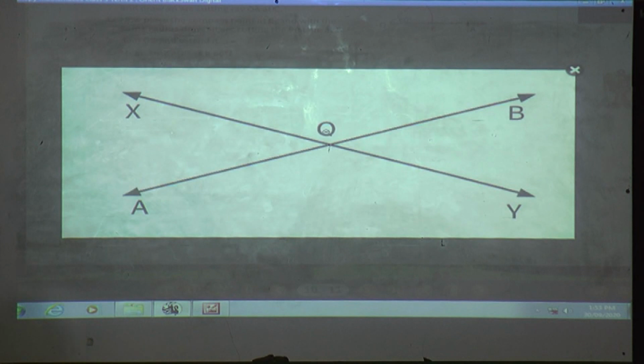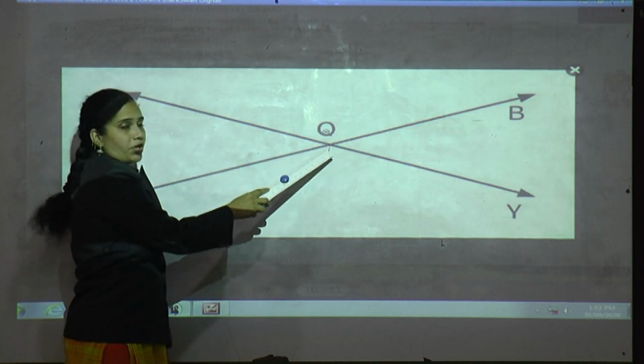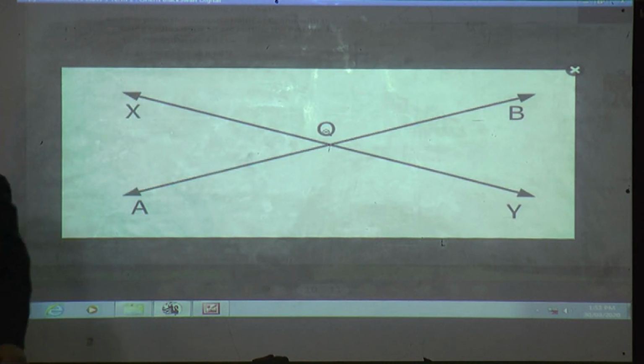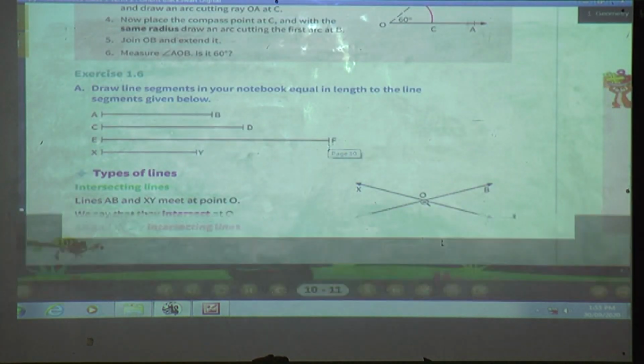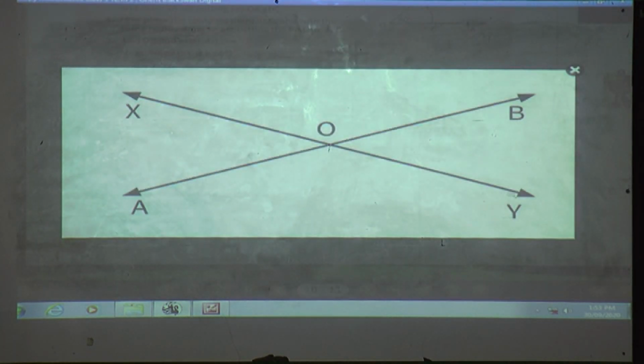They meet each other at point O here. So we say that they intersect at O. Line AB and XY intersect each other at O. AB and XY are intersecting lines.